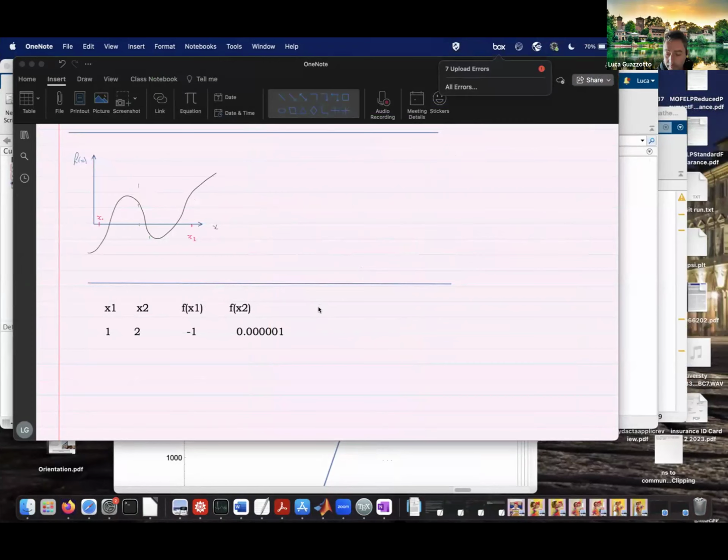But if I did something like a guess of what this function may look like, I see it's -1 here at 1, and here I have point 2, so this is going to be x1, and here is going to be x2.